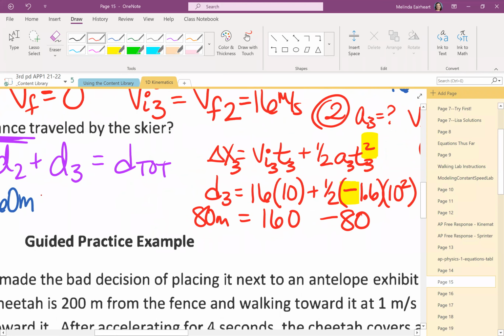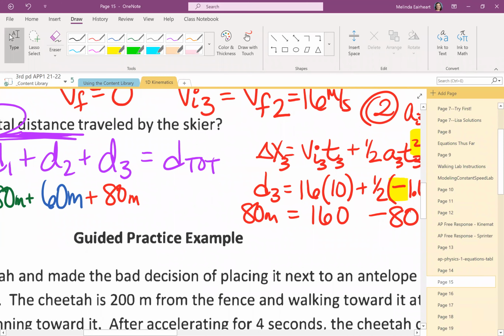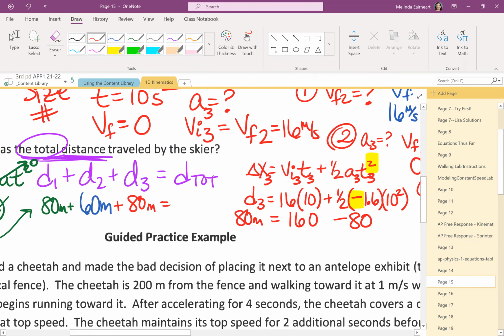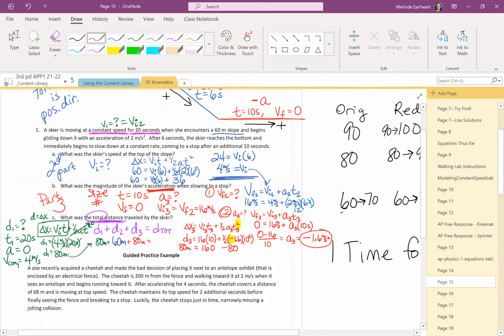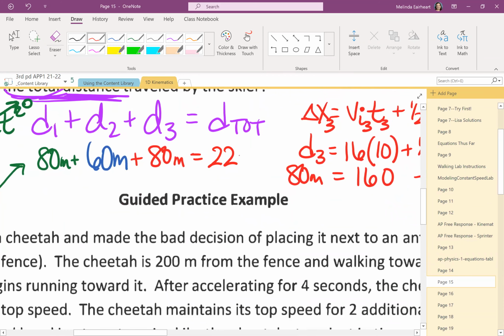And so we'll plug that into our summative statement. Okay, and now you just straight add 80 plus 60 plus 80 is 220 meters. Final answer there.